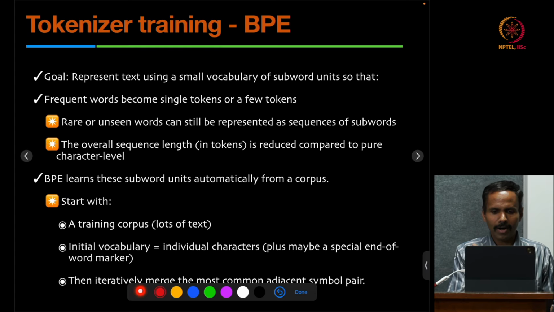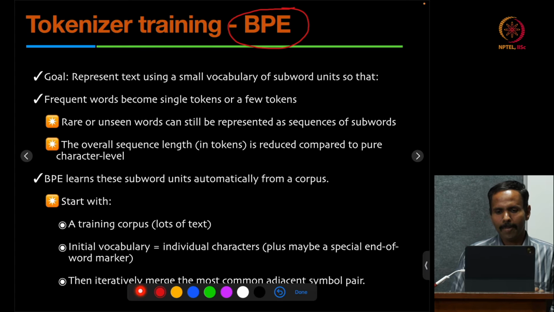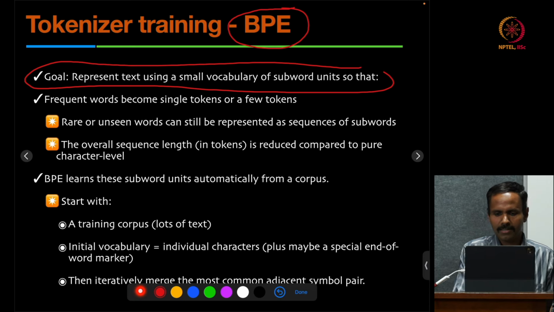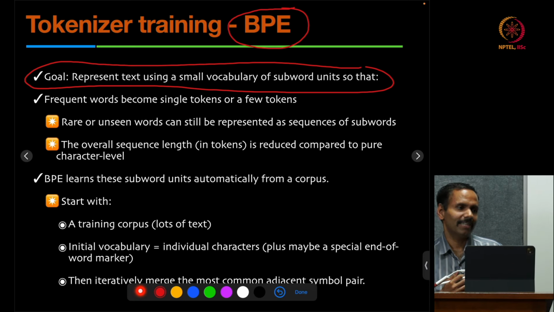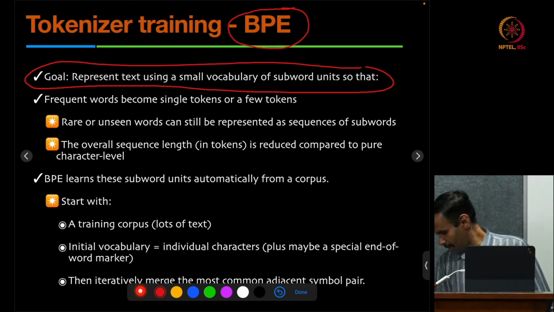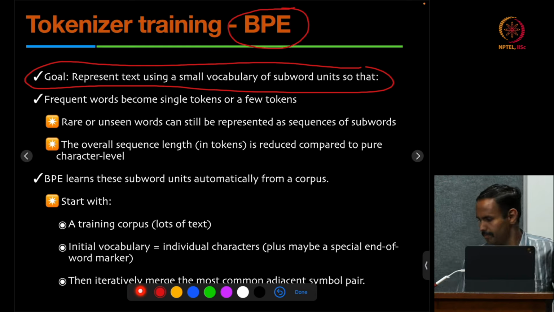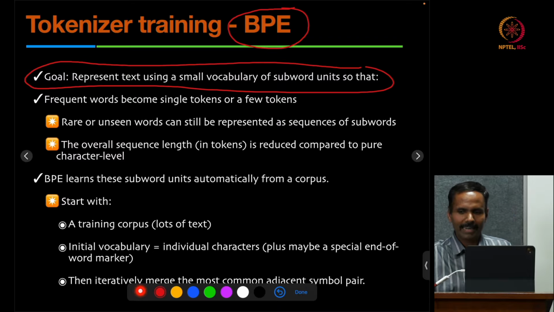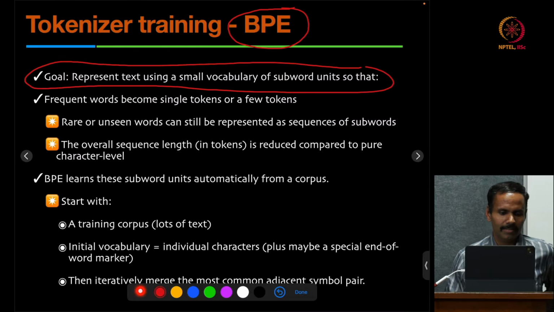So we are talking about this method called Byte-pair encoding or BPE. So the goal, let's state one more time, is to take any piece of text and represent it as a sequence of tokens, right? So any piece of text can now be represented as a series of tokens.